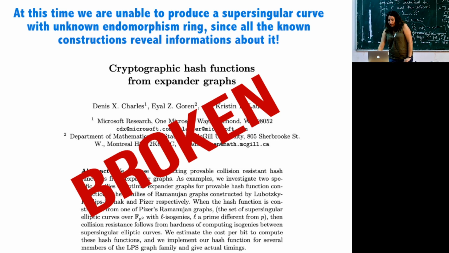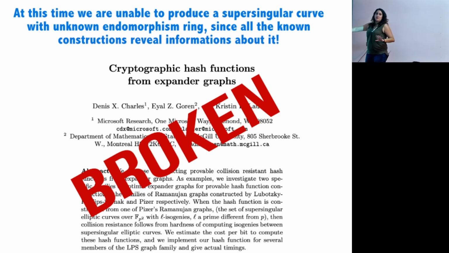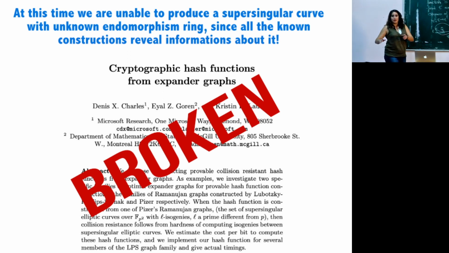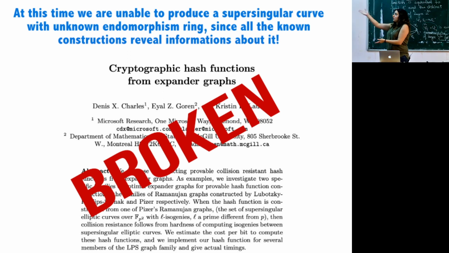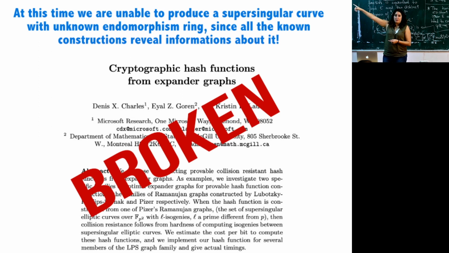For this reason, and for what Christophe Petit and Christophe Delfs showed, at the moment this hash function is broken. It doesn't work, because they told us that if you are able to compute the endomorphism ring, then automatically the hash function is not collision resistant. But we are not able to solve this problem.